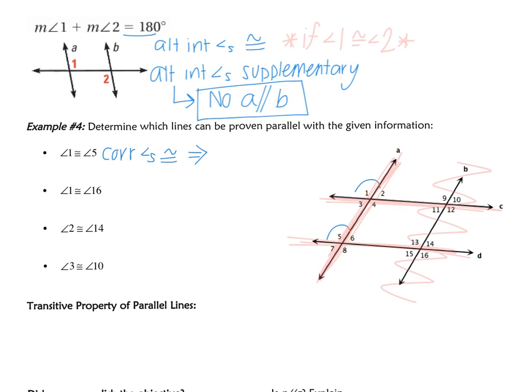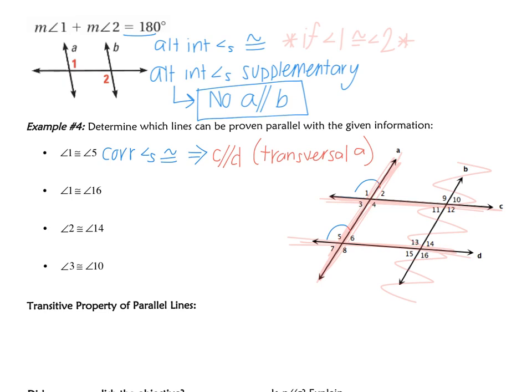So angle 1 is created by line A and line C. Angle 5 is created by line A and D. So that's why when I say they're parallel, I'm going to say line C is parallel to D, and A is my transversal. Hopefully that helps you visualize, kind of erase the ones you don't want to use.